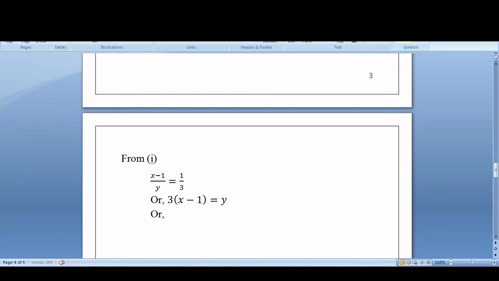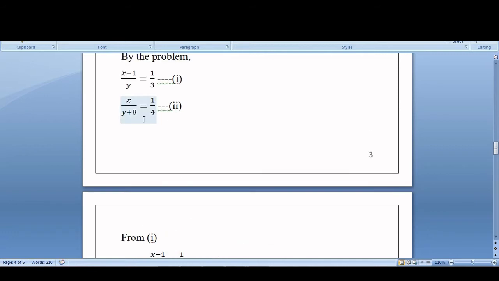So it will be 3x minus 3 equals y. Now it will be 3x minus y equals 3. Okay, now let's mark this as equation 3. Now we have to solve equation 2 again.